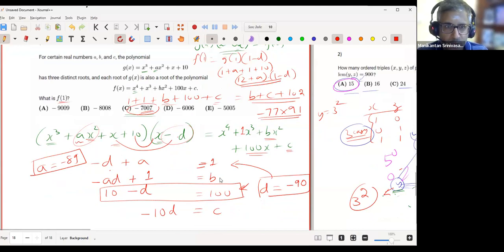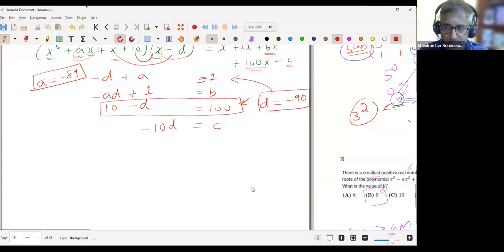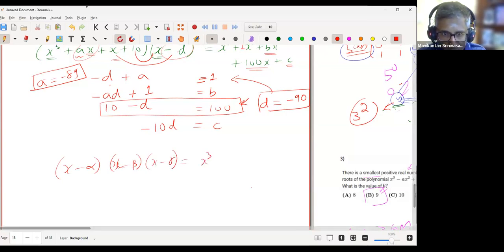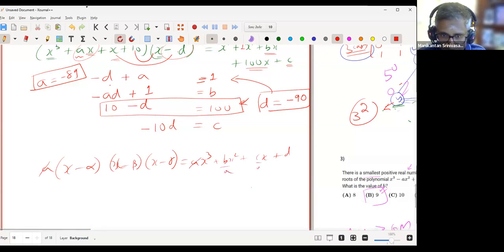But yes, sum of roots, product of roots will essentially give the same thing. In fact, what is sum of roots, product of roots? It's coming from this only, right? When I have x minus alpha times x minus beta times x minus gamma, and you write it as ax cubed plus bx square plus cx plus d, if I first cancel the a, then all of them become this.